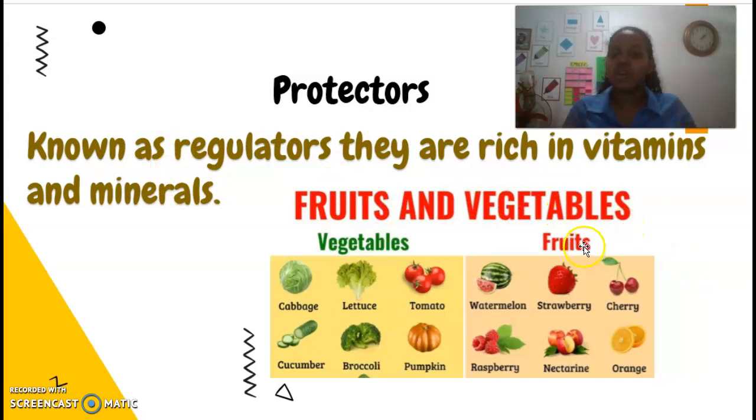So they are the ones in charge of protecting all our body because they are rich in vitamins and minerals. For example, here I have some vegetables and some fruits like cabbage, lettuce, cucumber, broccoli, pumpkin, tomato, watermelon, strawberry, cherry, orange, nectarine, and raspberry.